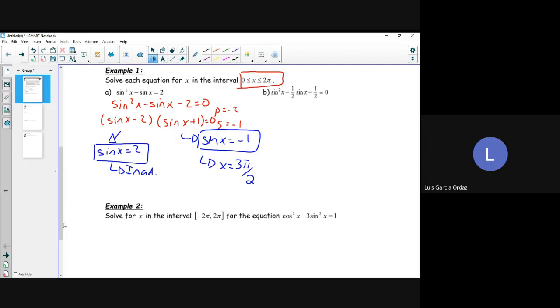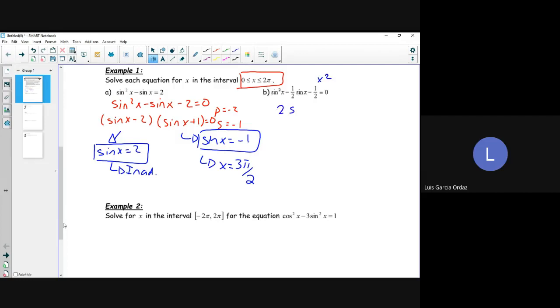For question B, we have sine squared x minus 1/2 sine x minus 1/2 equals 0. To get rid of the fractions, we multiply both sides by 2.